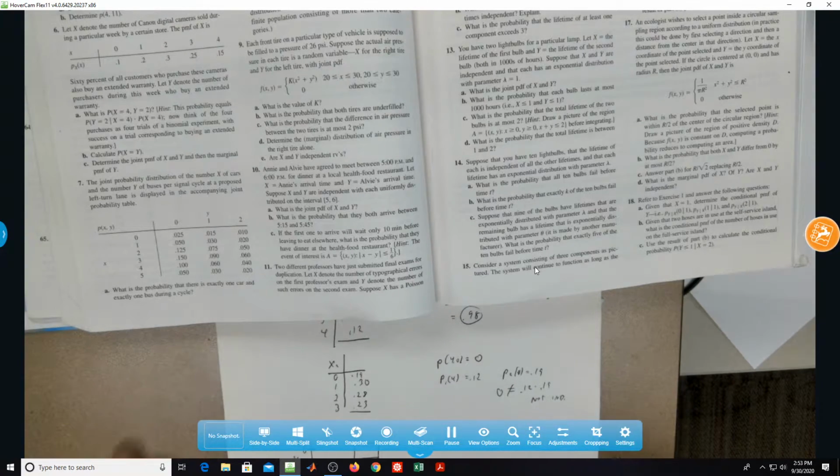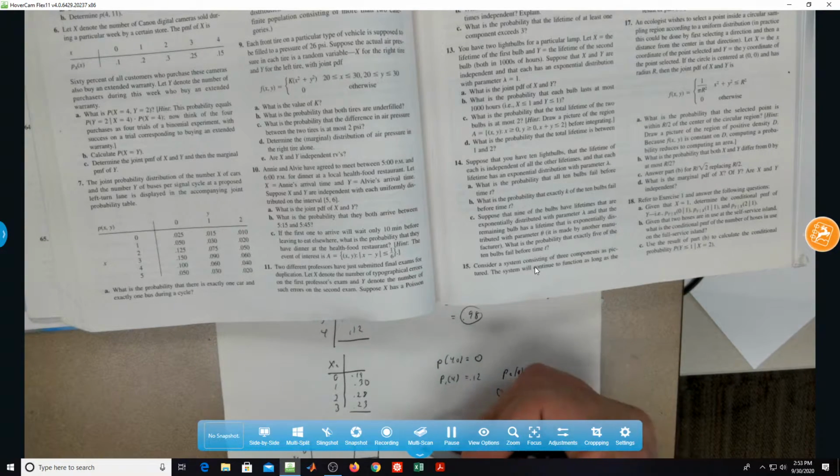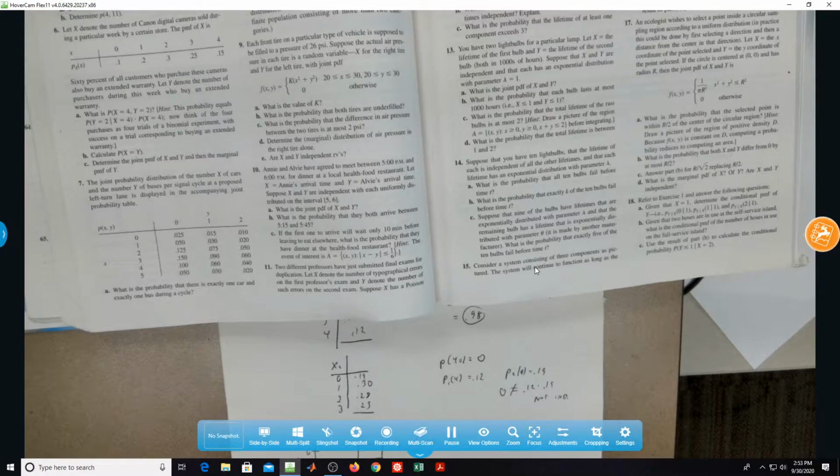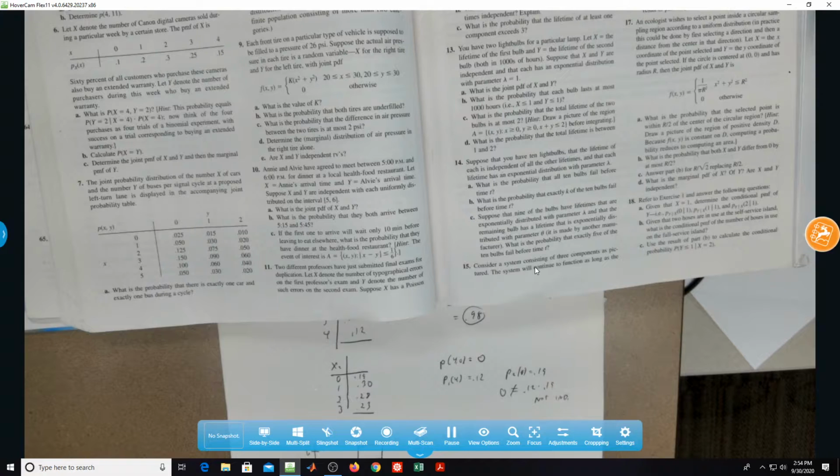And since it's uniform, f of xy must be equal to 1 times 1, or 1, since both of those have a height of 1. So that's the joint PDF. There are a lot of problems like this where you have the uniform distribution and you're adding them together.